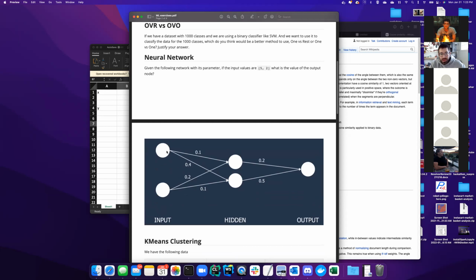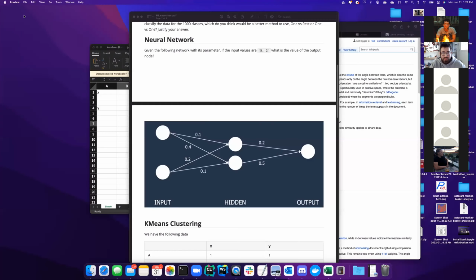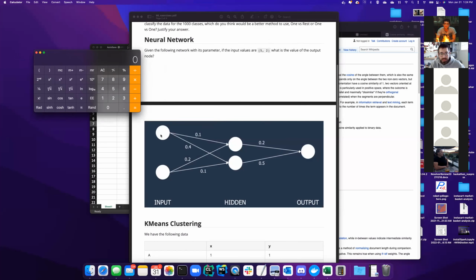Okay. Now we have this neural network. It has weights, and we're saying that the input is 5, 2. Calculate the output. So who has problems calculating the output for this one? Looking at this input 5 and 2, we'll start with the hidden layer, the first node.